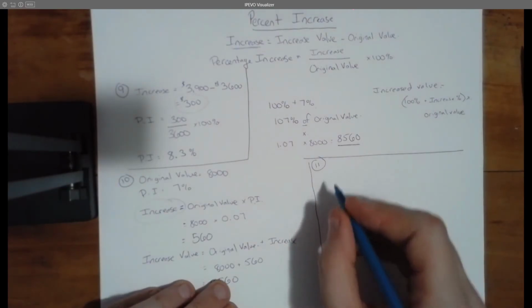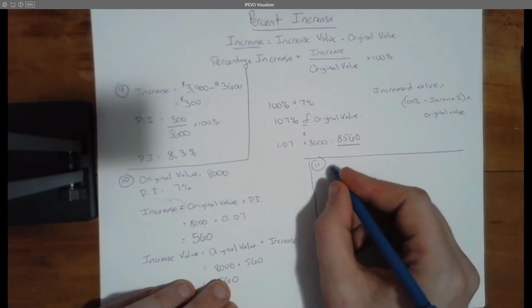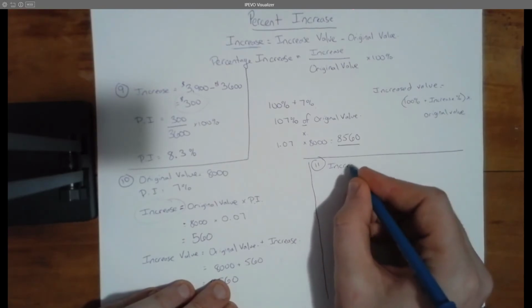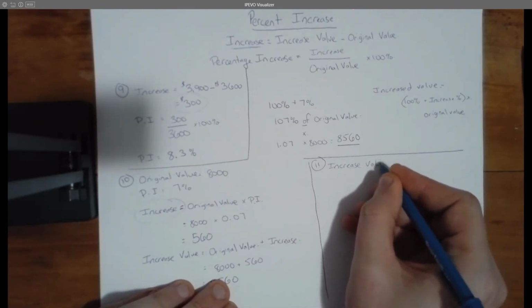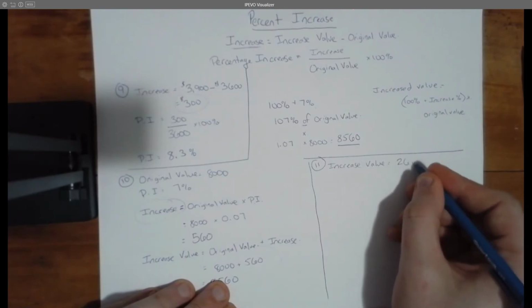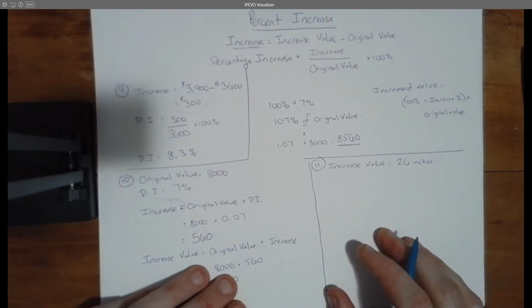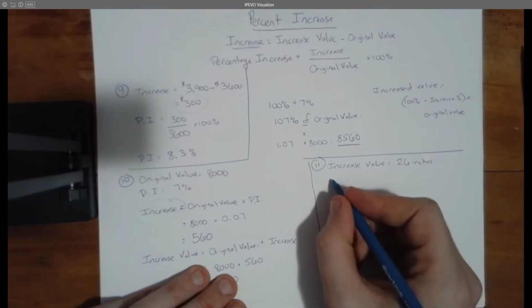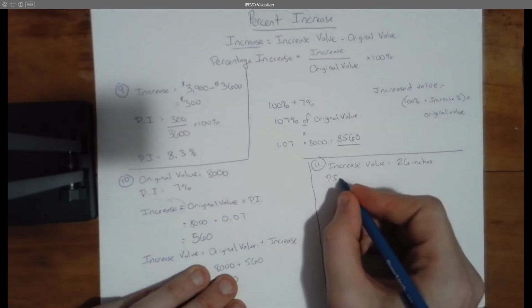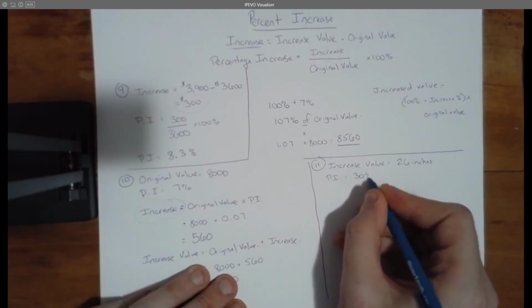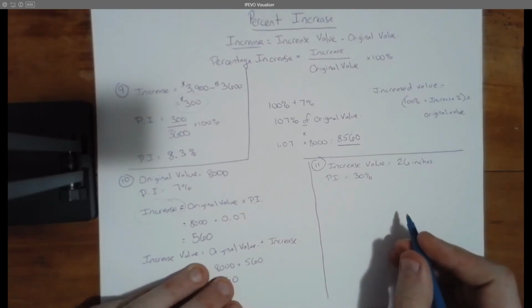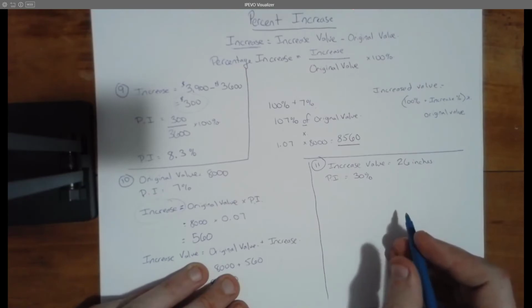So this is our increased value, 26 inches. If its height has increased by 30%, so our percent increase is 30% since the beginning of the month, find its height at the beginning of the month.